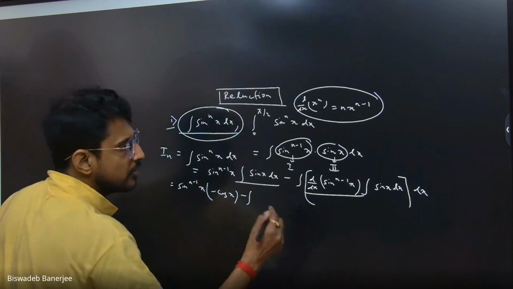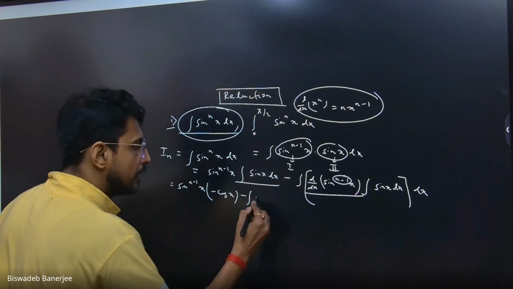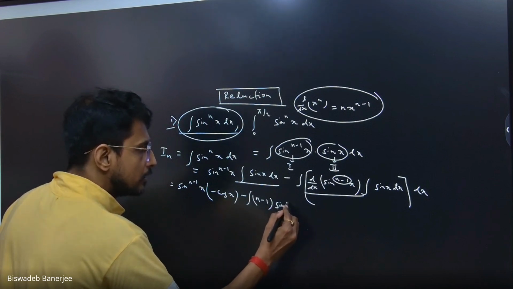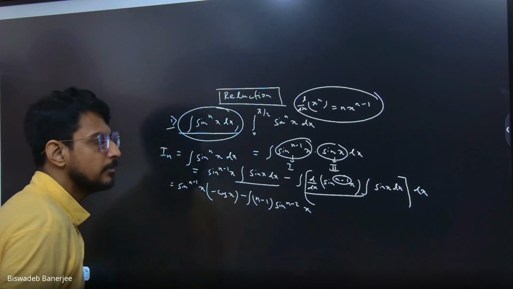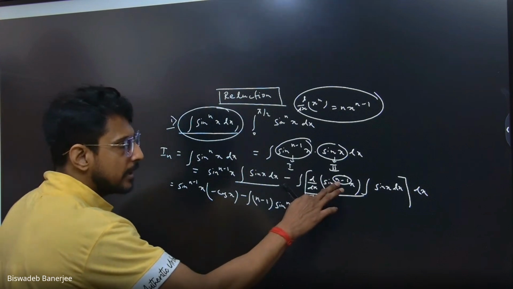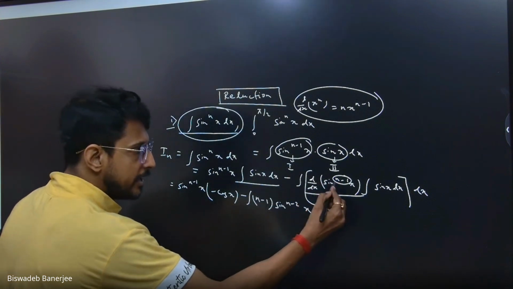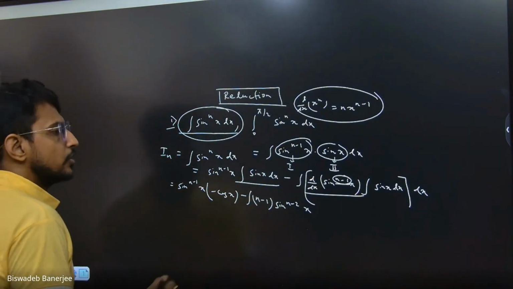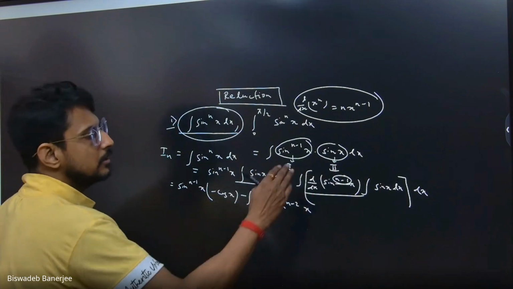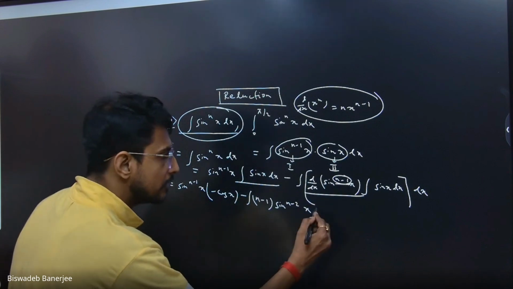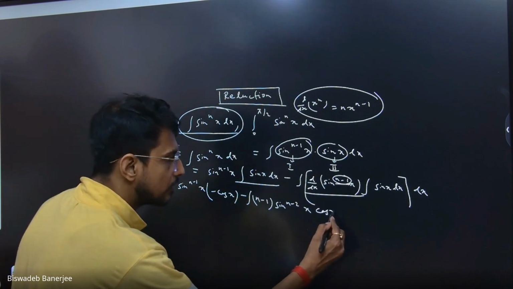So how can we differentiate this? At first, take n minus 1 here, then sine to the power n minus 2 x. The power gets reduced by 1: here it is n minus 1, here it becomes n minus 2. So d/dx of this gives n minus 1, then sine to the power n minus 2 x, then the derivative of sine x, which is cos x.